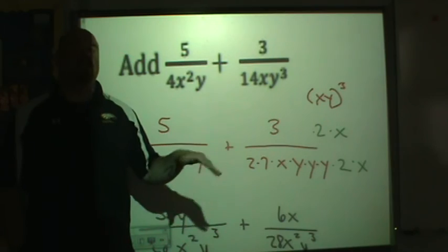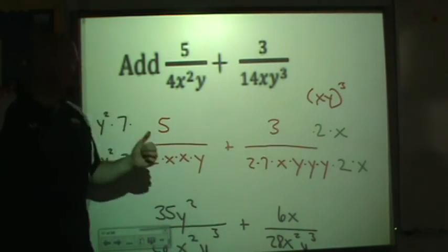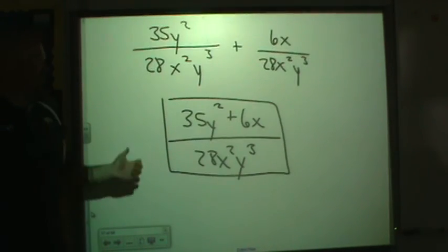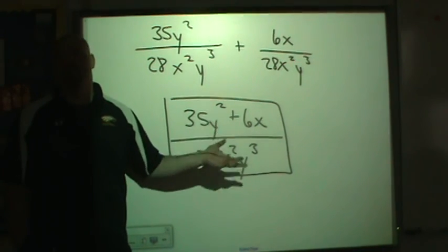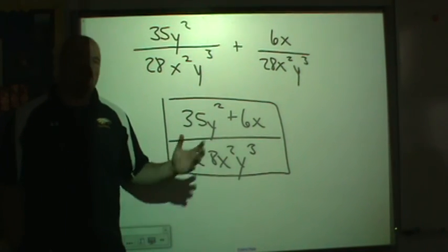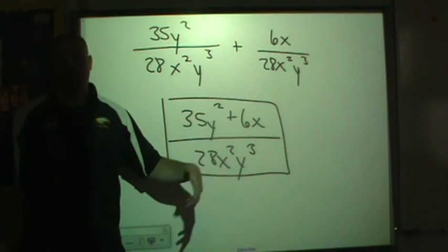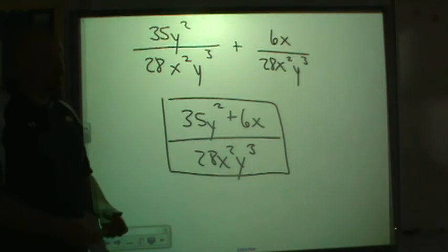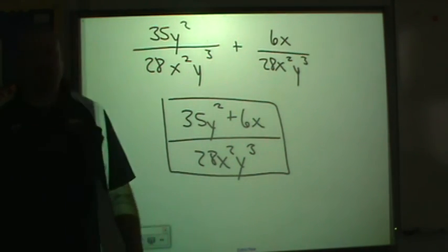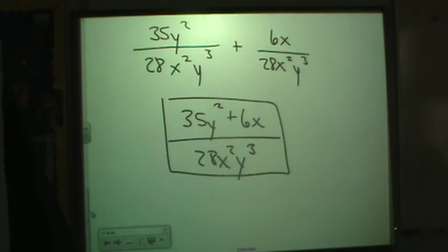Because you weren't finding the lowest common denominator. This is simplest form of the fraction. So it cannot be simplified or reduced beyond this because it already has its lowest common denominator.